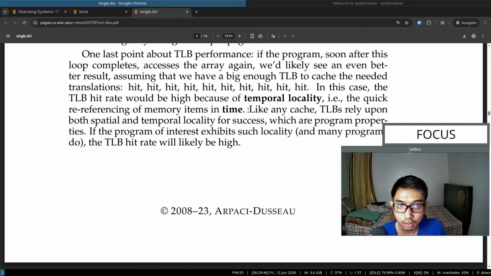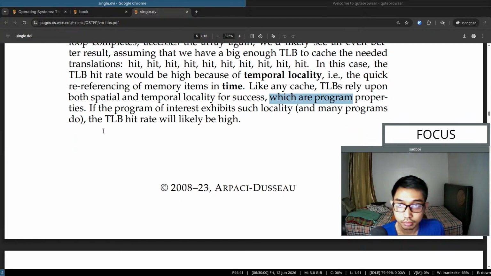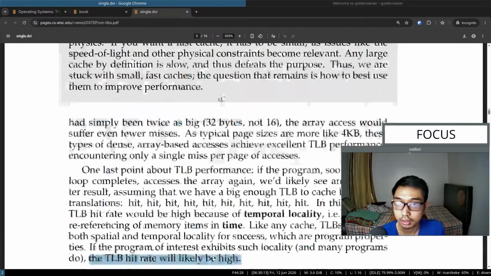Like any cache, the translation lookaside buffer relies upon both spatial and temporal locality for success, which are program properties. If the program of interest exhibits such locality, and many programs do, the TLB hit rate will likely be high. Alright.